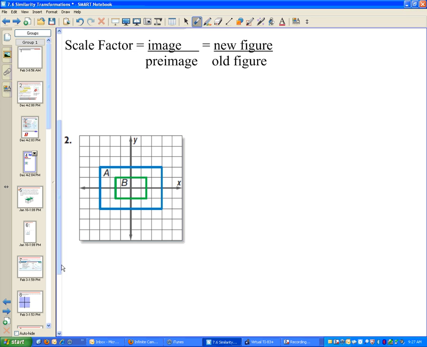Number 2. A is the blue one, B is the green one again. It's a reduction. Now we got to find the scale factor. So it's the new figure to the old figure.